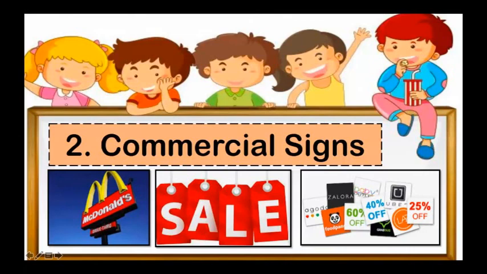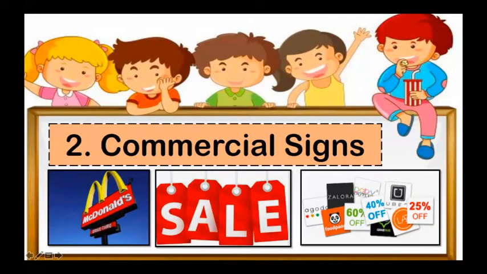Whether that ad contains an advertisement of a specific product, promotes a specific application or game that they want you to download, or simply gives you a discount to buy a certain product, those are your e-commercial signs. These are usually seen on online platforms.